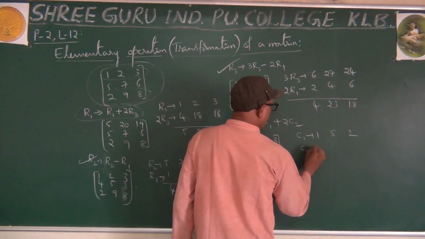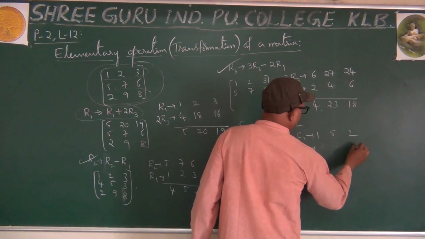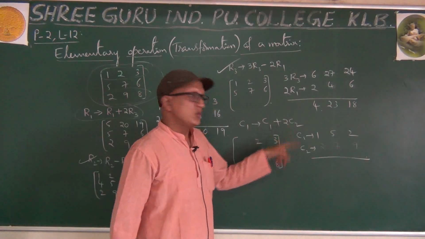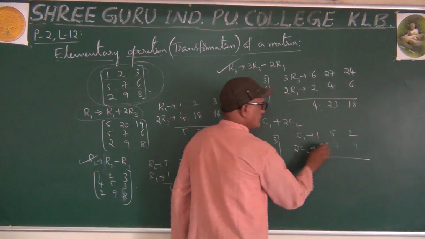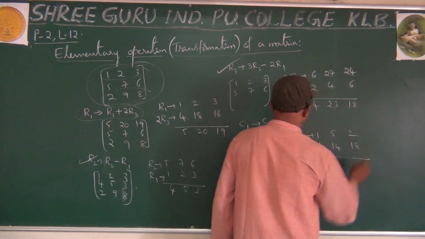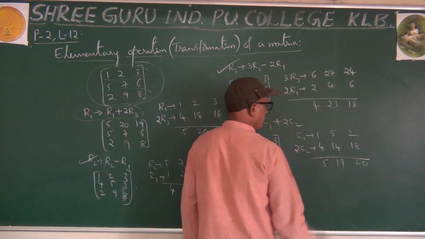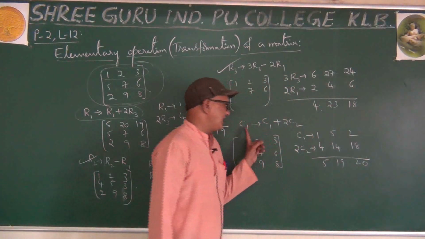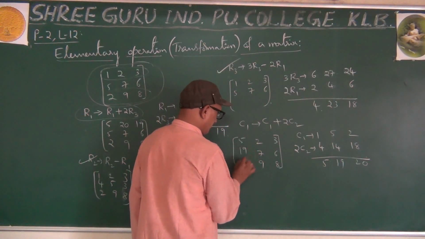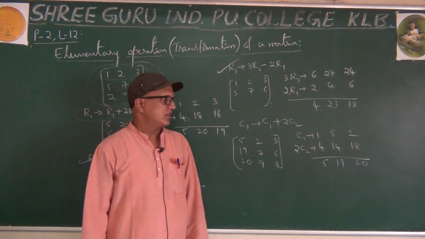Second column, what are the dimensions we have? 2, 7, 9. We don't want C2, we want 2 C2: 2 2s are 4, 2 7s are 14, 2 9s are 18. What are we doing? Adding. That's it. Clear?